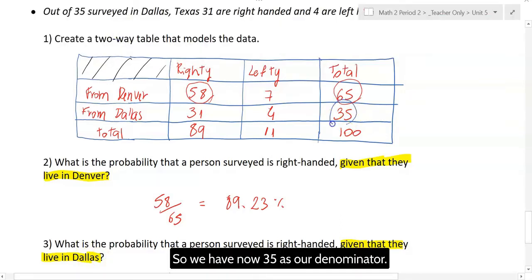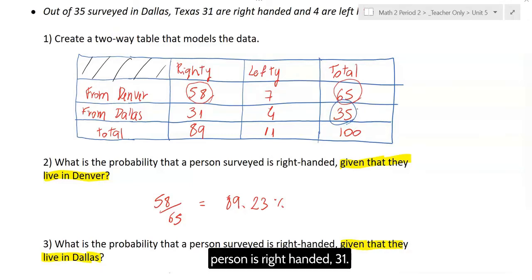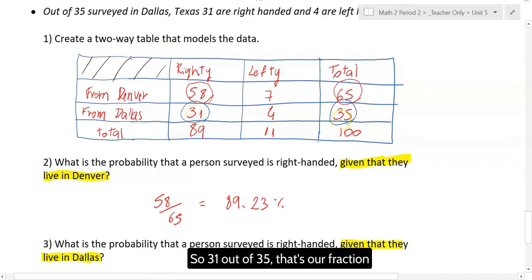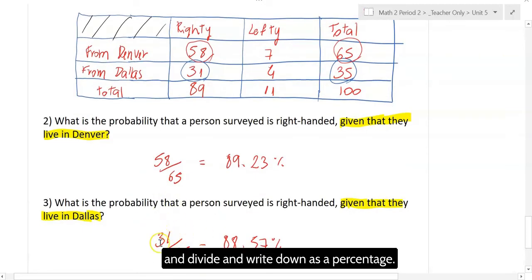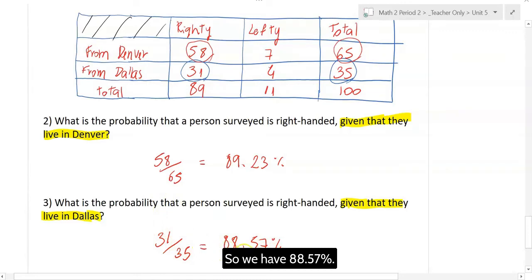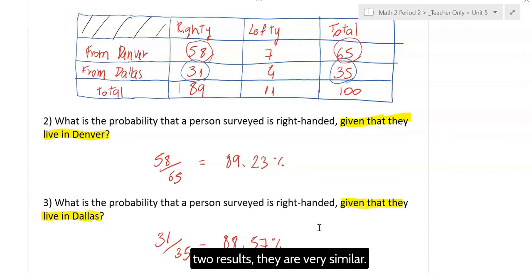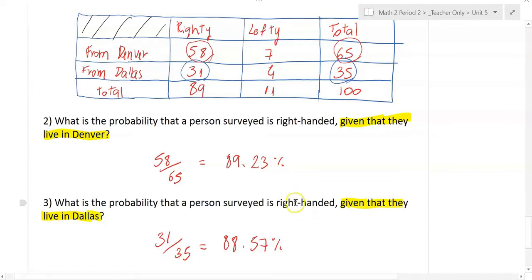So we have now 35 as our denominator and the probability that the person is right-handed, 31. So 31 out of 35, that's our fraction. Divide and write it down as a percentage. So we have 88.57%. You can see that those two percentages, those two results, are very similar.